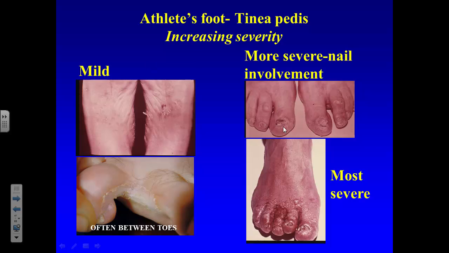If it gets in the nail bed, that nail is infected, and this fungus would grow in all directions and ultimately infect the nail bed. In a fungal infection, the fungus is secreting proteins.